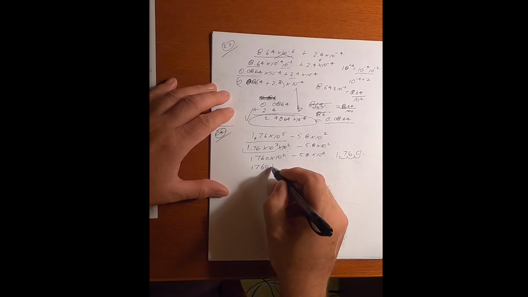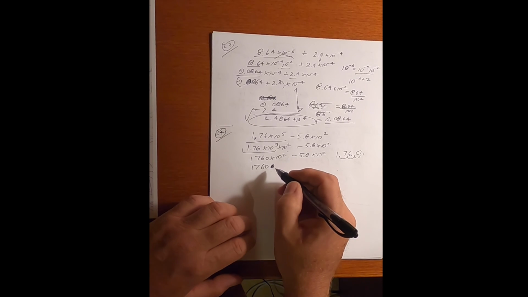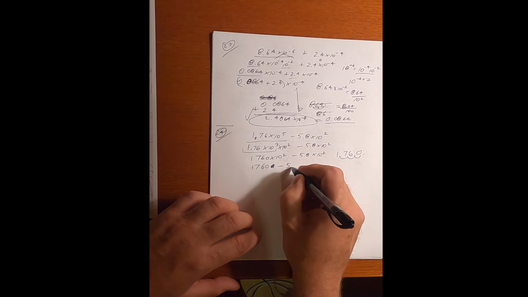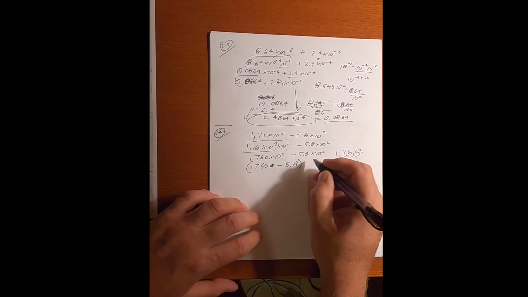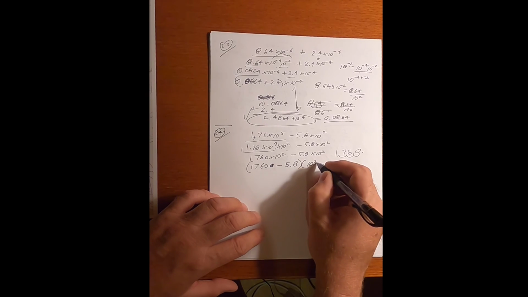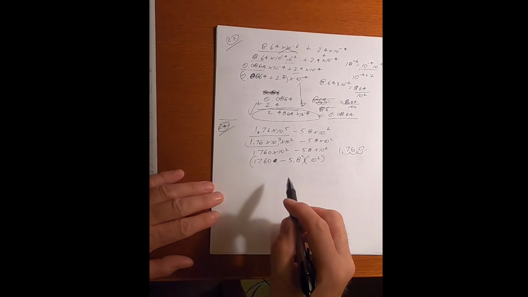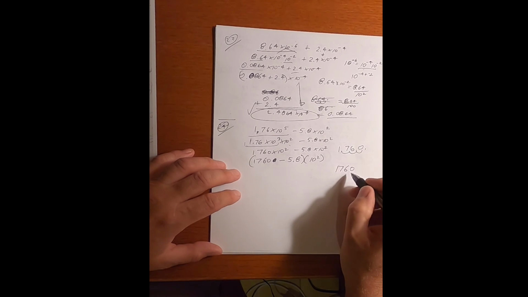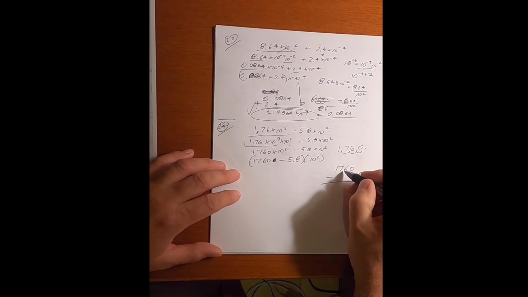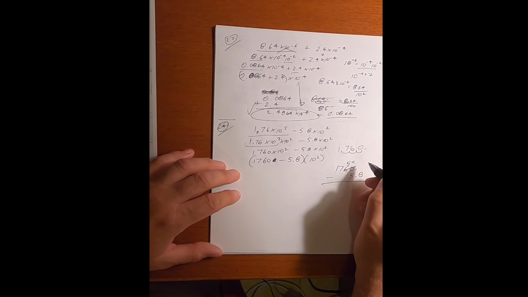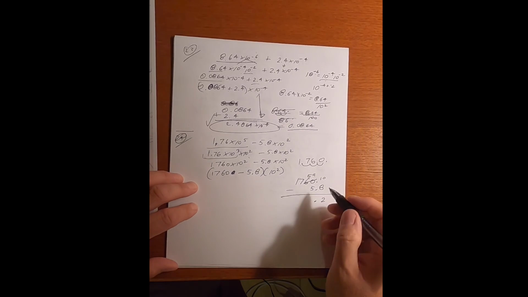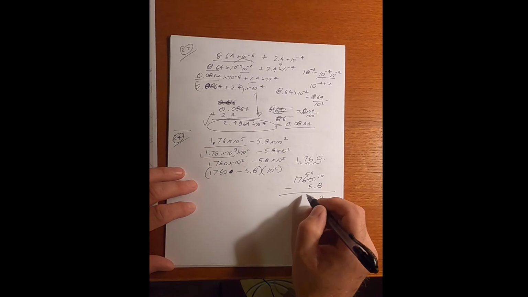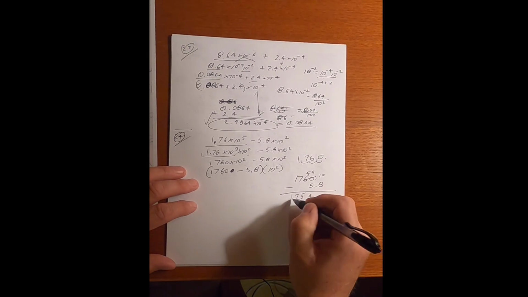1760, and I'm on subtraction here, minus 5.8, and I still have to carry that 10 to the 2 multiplier. Okay, so let's do this one. 1760 minus 5.8. Well, I have to make this a 9, right? And then make this a 10. So that's a 2. And that will be a 4, a 5, 7, 1.